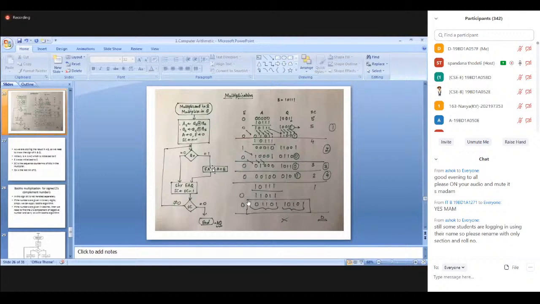Why are we considering Qn here? Can anyone tell me? Why not Q1, why not Q2 or any of the other multiplier bits? Why are we considering Qn? Any answers?